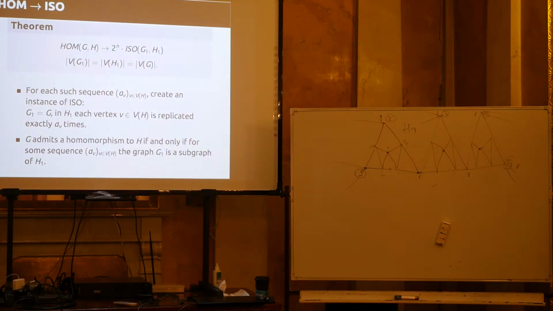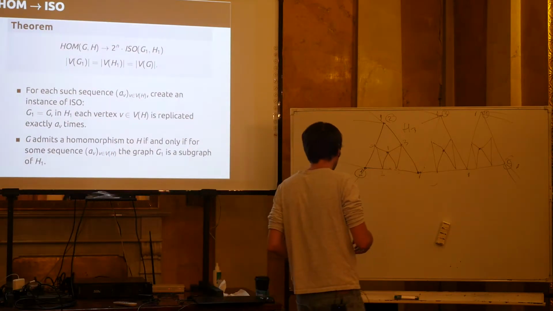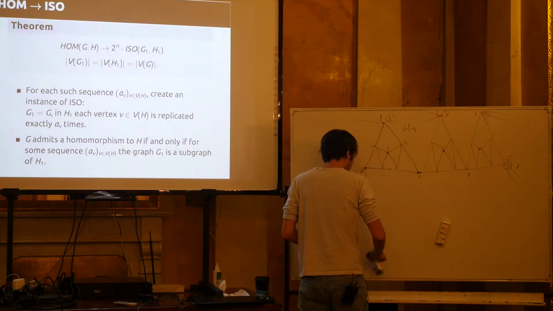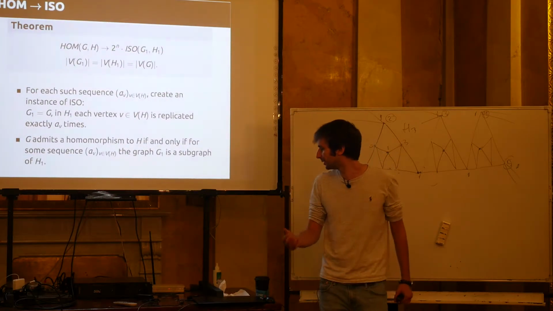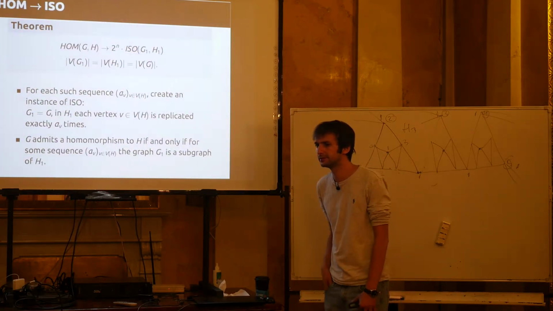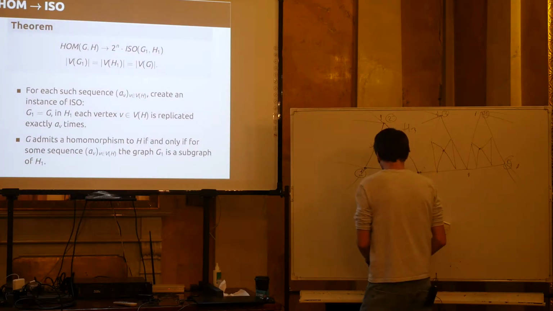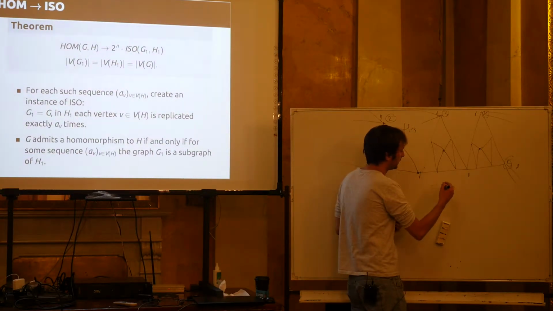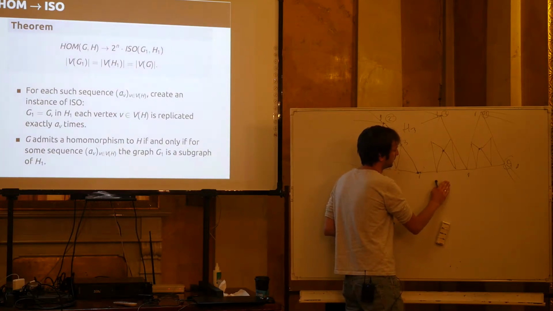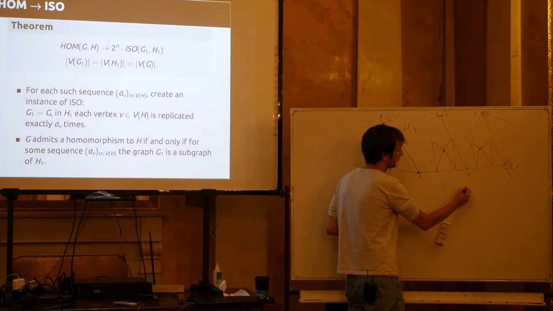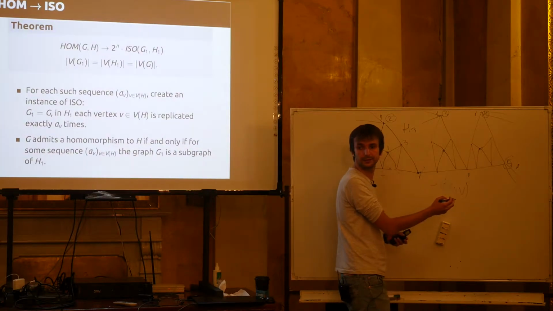You mean when you replicate vertices, you connect them somehow with other replications? Yeah. By replication, I just mean each vertex is connected in the same way as it was connected in the original graph. That is, assume UV, can you see what I'm writing here? Or should I take a different marker?